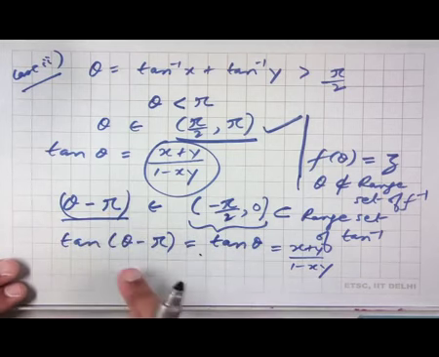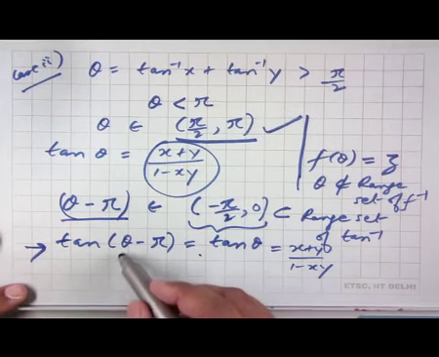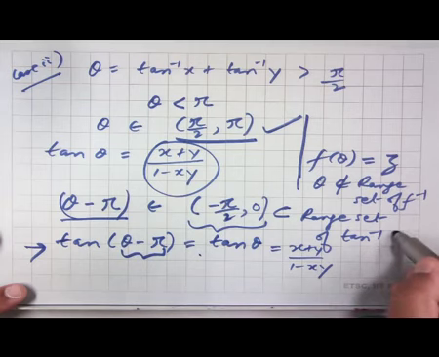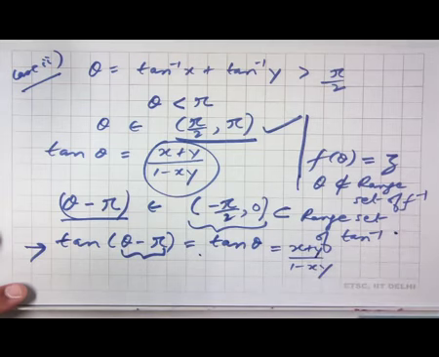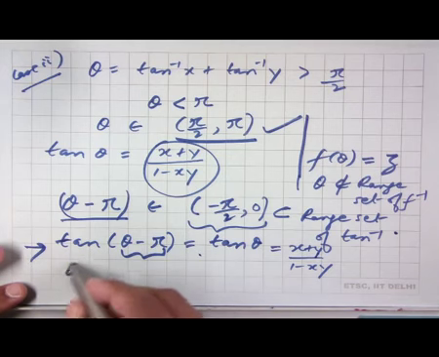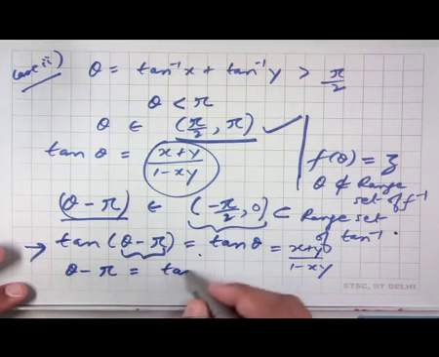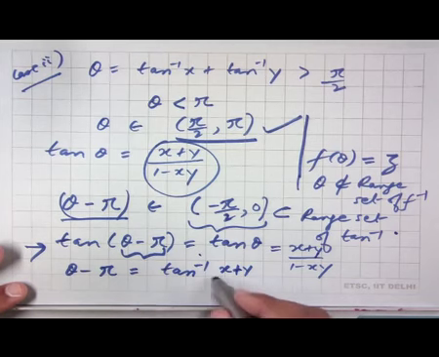So, at the end what we have in this equation is the tangent of an angle, where this angle belongs to the range set of tan inverse, equal to this value x plus y over 1 minus xy. And therefore, now we can easily write that theta minus pi is equal to tan inverse of x plus y over 1 minus xy.